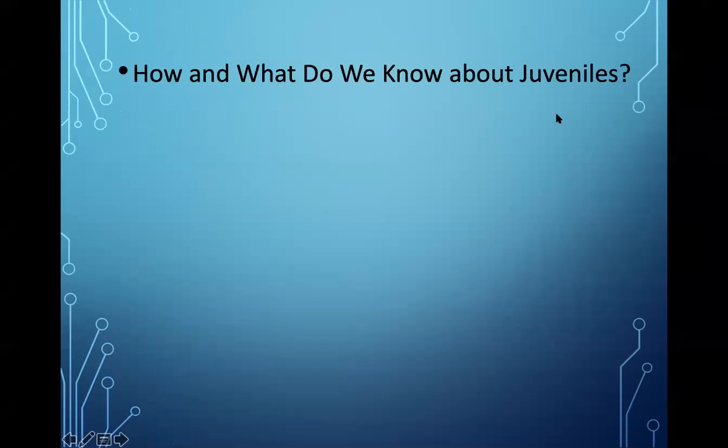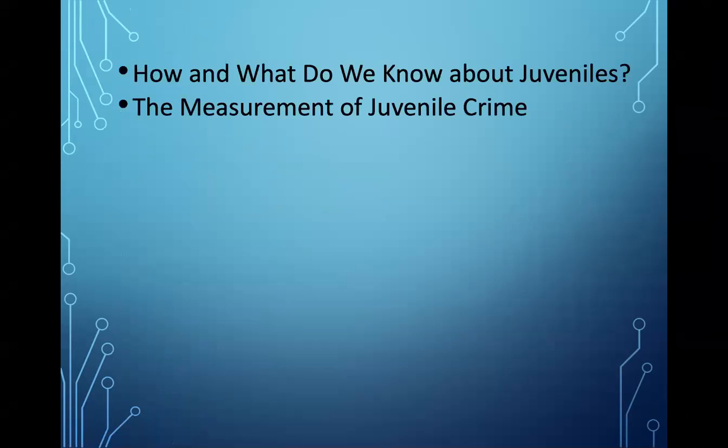All right, so what do we know about juveniles when we're going in and talking about juvenile justice? What I'm going to do in these first 2 pages is pretty much go over an outline of what we're going to be talking about during this PowerPoint presentation. We're going to go over the measurement of juvenile crime.